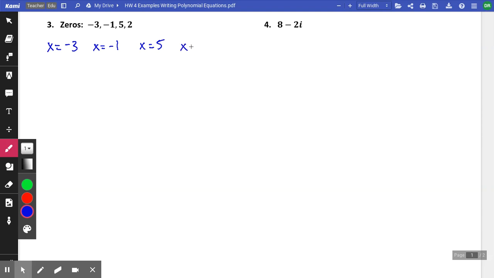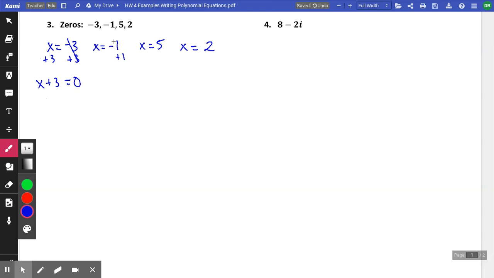And just like we did before, we'll write them in factored form. And so let's cancel where we need to make these equal 0. So to cancel a -3, I will add. So I will add here. And you might notice when I do this, my factored form just uses the opposite sign of the solution. So if my solution was a -3, my factor says x plus 3.